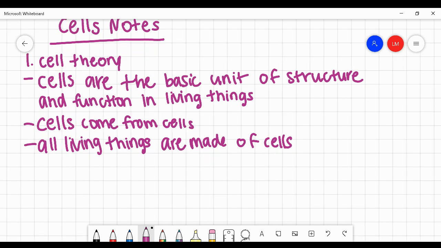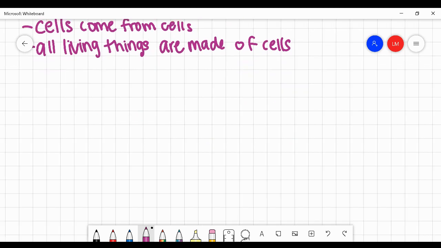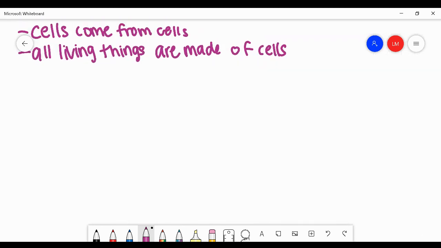Next, I'd like to talk through some important cell structures or parts. We will start with the outside and work our way inward. Around every single cell in the whole entire world is a cell membrane.